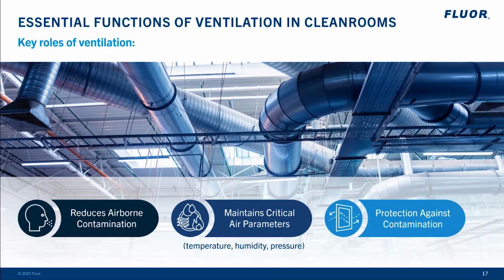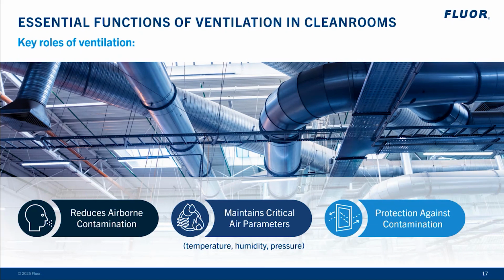Since we now know what cleanrooms are, what requirements they must meet, and how air cleanliness and particle levels are classified, we need to answer one more question: who or what ensures these conditions are maintained and prevents contamination? The answer is simple.